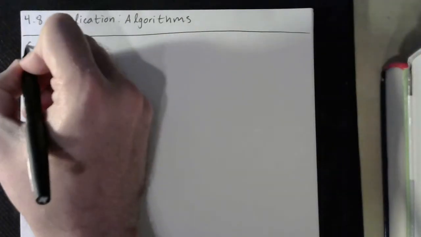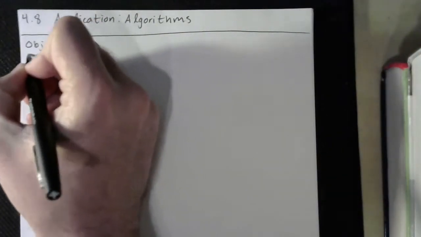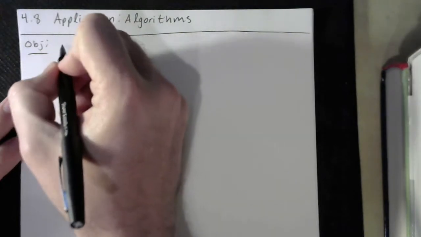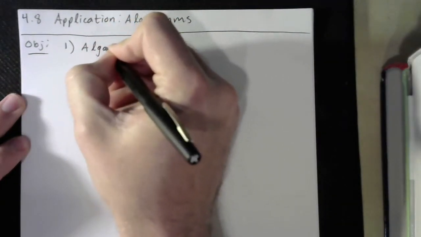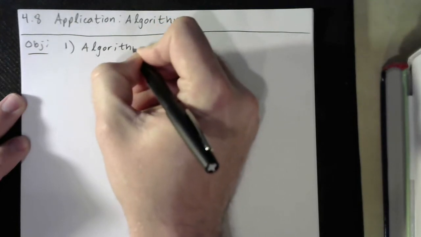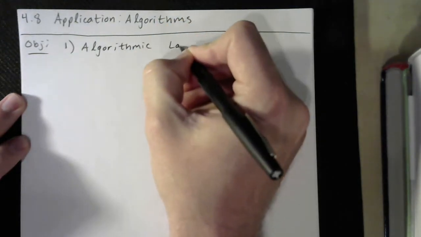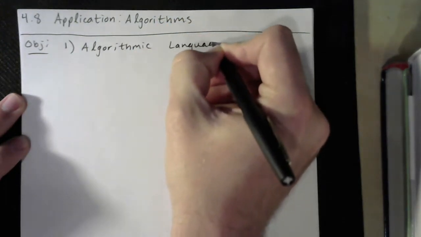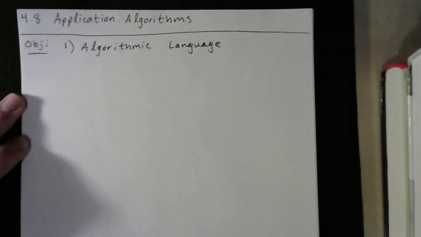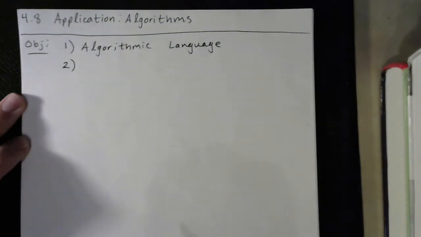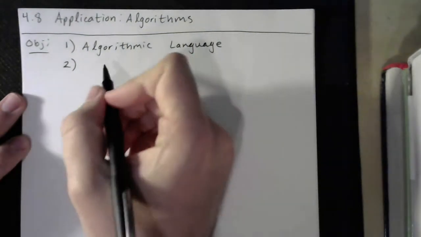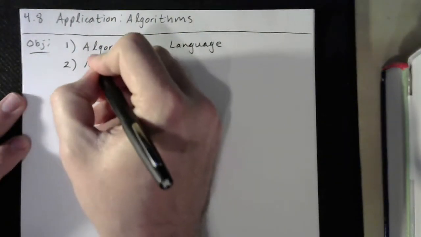So we have three objectives out of this section. The first is to look at algorithmic language. This is just the terminology that our book uses, even if it's different from what you've used in the past or one of your professors used. I want to make sure that we're not getting confused. We're going to look at notation.